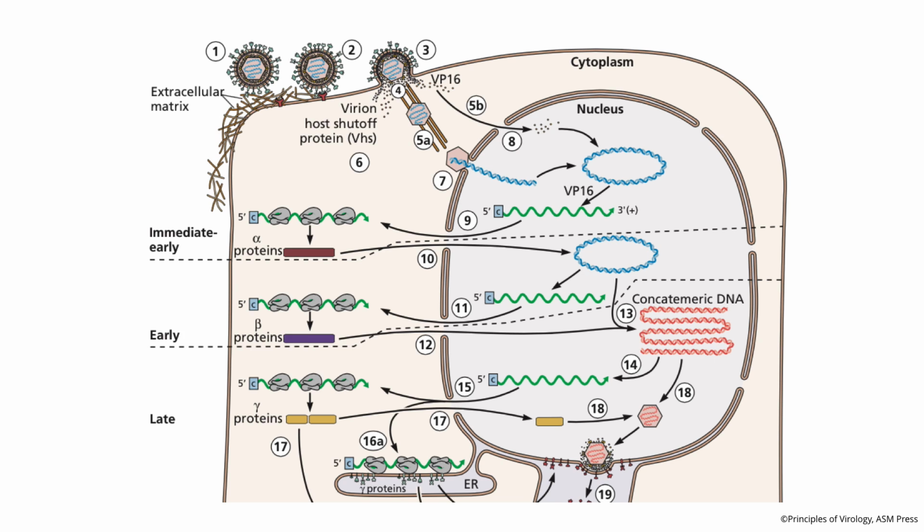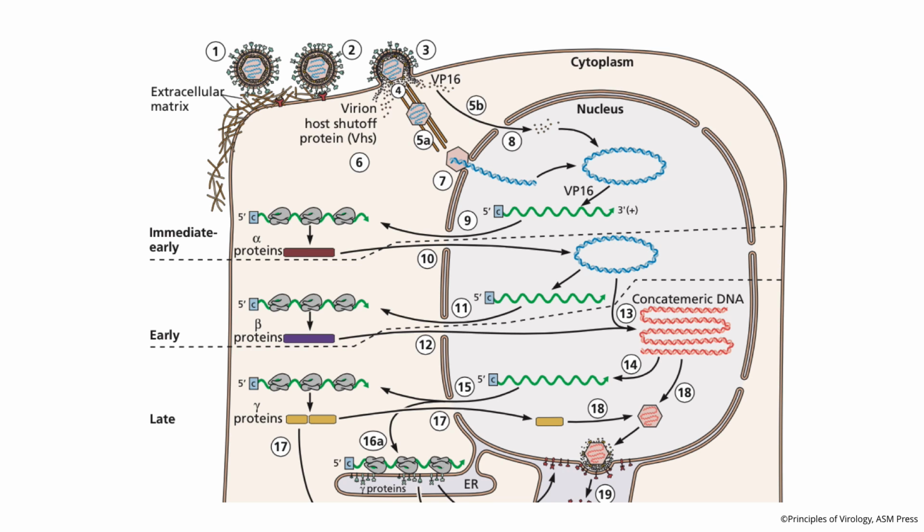The viruses actually fuse at the plasma membrane, and all these little circles are the VP16 protein coming into the cytoplasm out of the particle. They get in through the nuclear pore. They're imported specifically, VP16 into the nucleus, and of course the viral DNA gets in the nucleus as well.